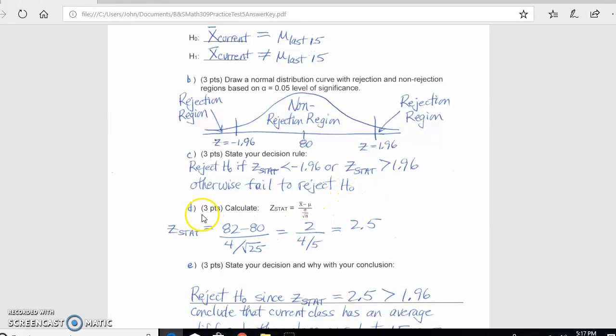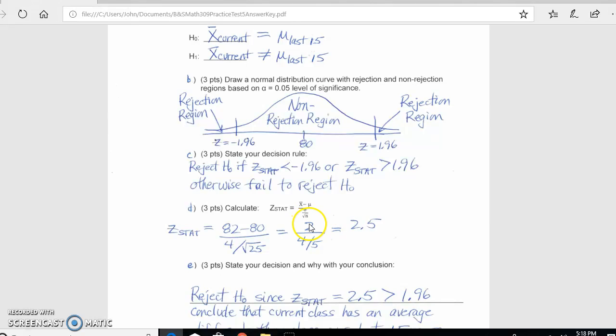And then letter D, we're going to calculate the z-stat. You have the formula given for the calculation of the z-stat. It's the x-bar, the sample mean 82 from the current class, minus the population mean 80 over the last 15 years, divided by the sigma of 4 over the square root of 25.